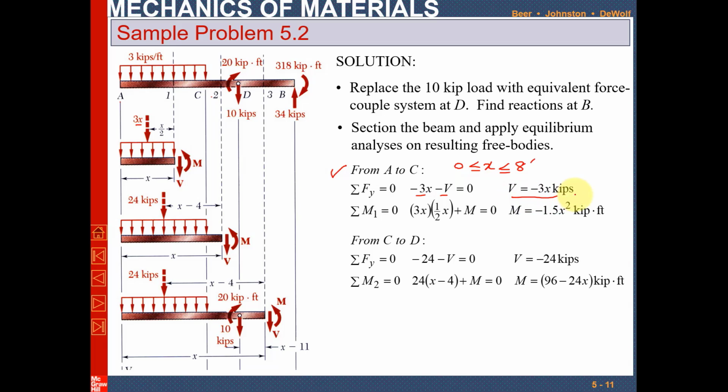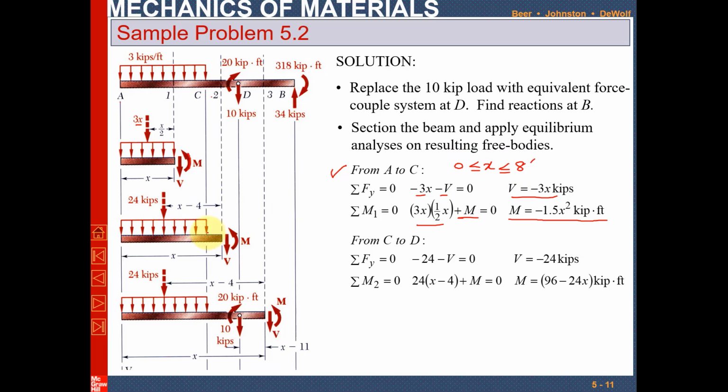So V is minus 3x kips. And this moment m is clockwise, so plus m, and this force is producing a moment again in the clockwise direction, so 3x into the perpendicular distance. If you calculate it, this is the bending moment equation for x greater than 0 and x less than 8 feet.